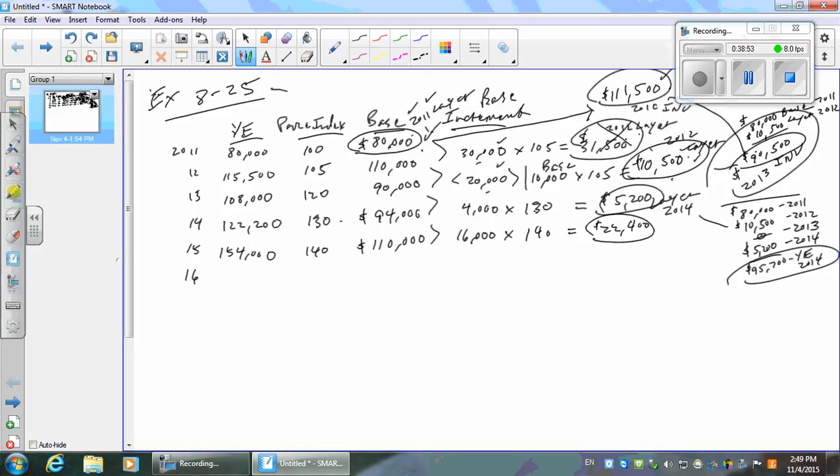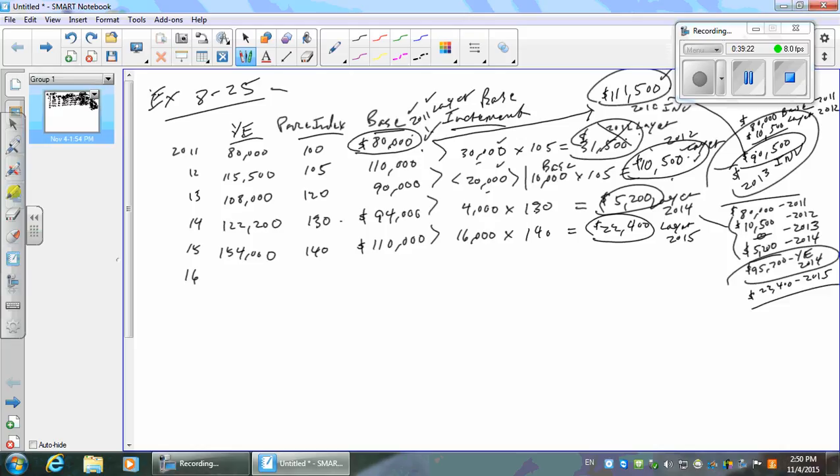This is the layer for 2015. So what would we do to get 2015? You got these 3: the 2011 layer 80,000, the 2012 layer 10.5, the 2014 layer 5,200, and then we're going to add the 22.4 for the 2015 layer. Got it?